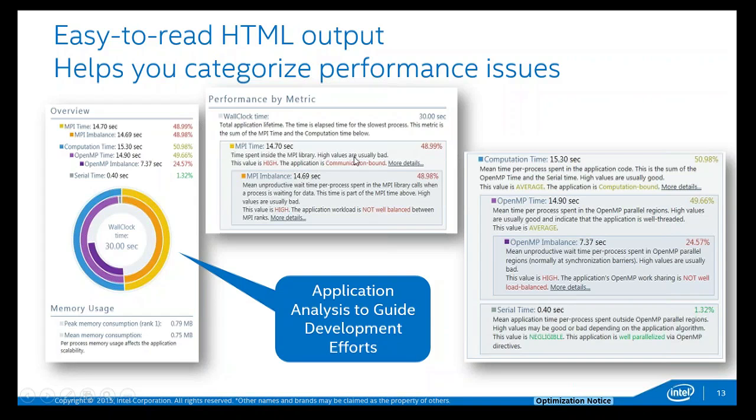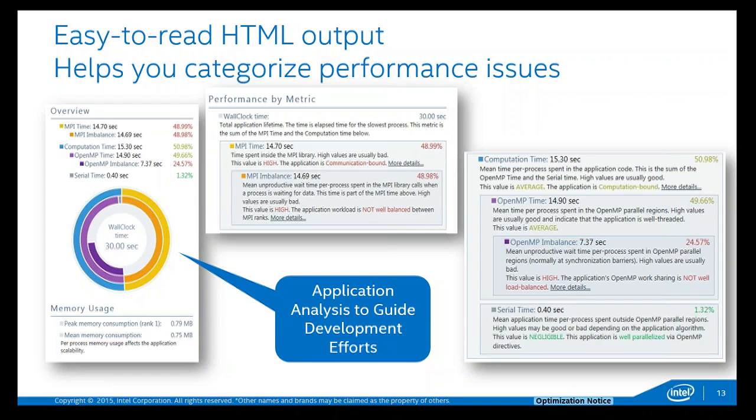And it gives you explanations in actual understandable English about why the value is marked as high, and what that means for your applications. In this case, it means that it's communication bound. And then how the MPI imbalance is tagged and what it means, right?